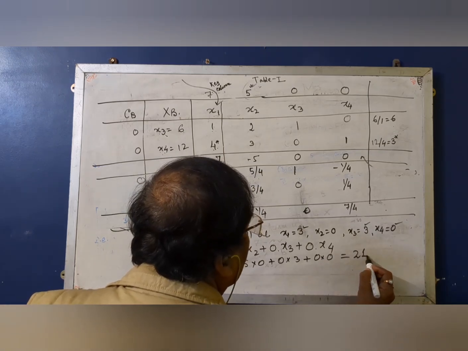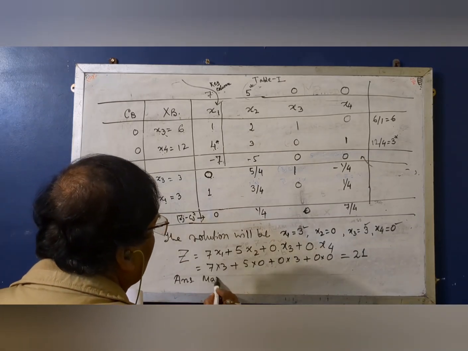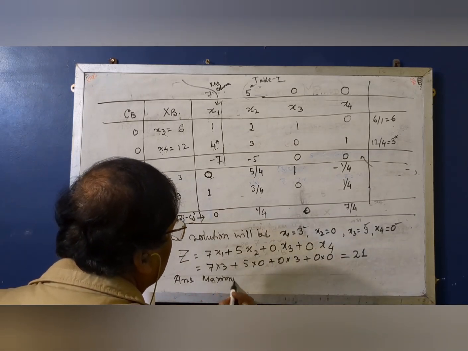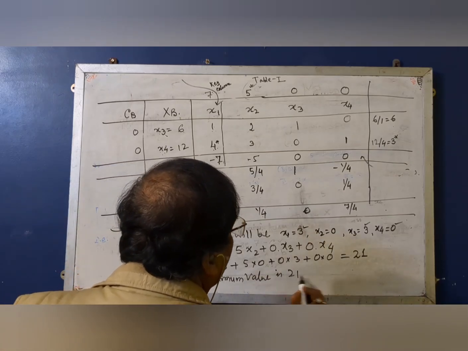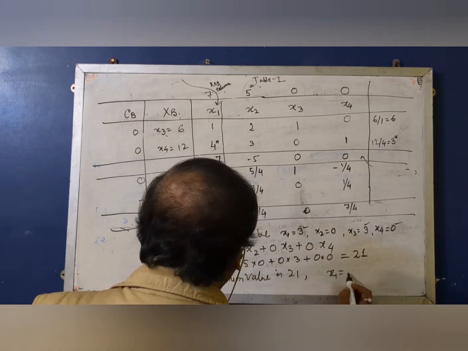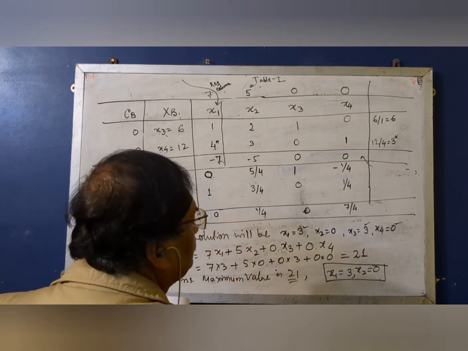That will be the answer. The answer is, the maximum value is 21, for decision values x1 is equal to 3 and x2 is equal to 0. This is the answer. Okay? Thank you.